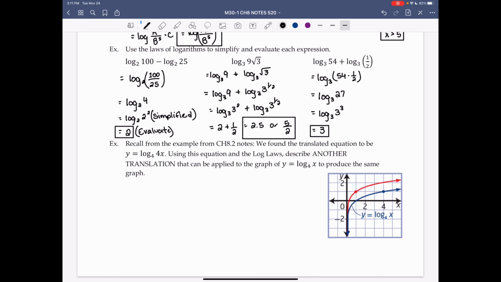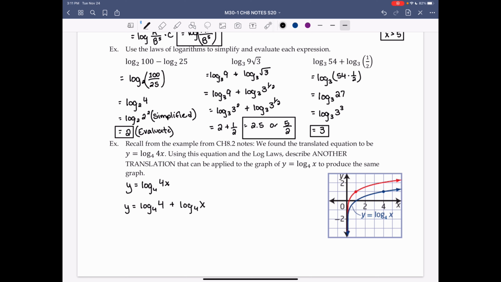So starting with y equals log base 4 of 4x, we can apply the product rule to write this as two logs. So we get y equals log base 4 of 4 plus log base 4 of x.